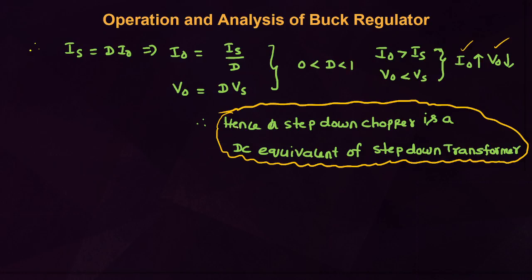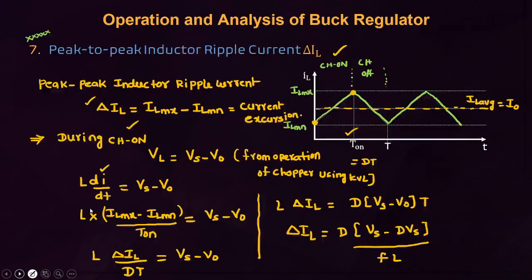In a step down transformer, the output voltage, that is the secondary voltage, is reducing and the secondary current is increasing. Like this, in a step down chopper also, output voltage is reducing and output current is increasing. That's why it is a DC equivalent of a step down transformer.